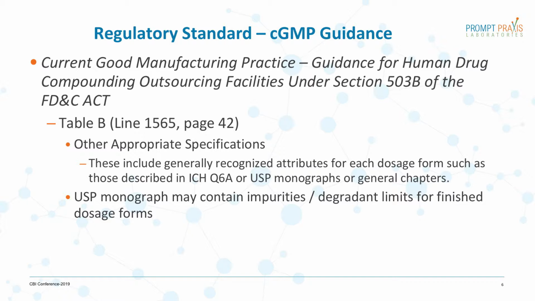These include generally recognized attributes for each dosage form, such as those described in ICH Q6A or USP monographs. So for those of you who use the USP monographs for finished dosage forms, there are several monographs that describe organic impurities, any other individual impurities, total impurities, and that sort of thing. I'll show you some examples of that after a bit.